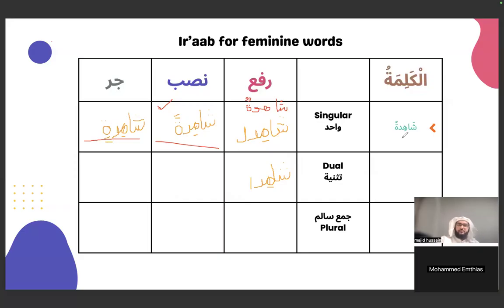I think you missed the ta. You missed ta, the identity of a female word. Because without ta, this will be masculine. Only it will be female if there is ta with alif and noon. So that ta will help me tell that this is a female word.